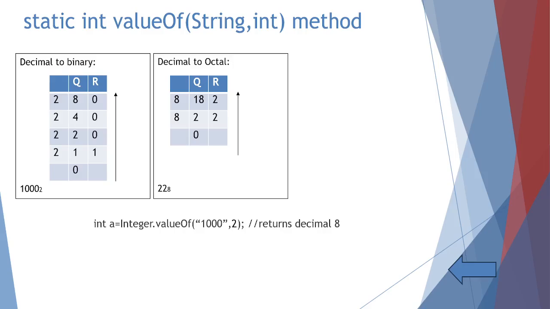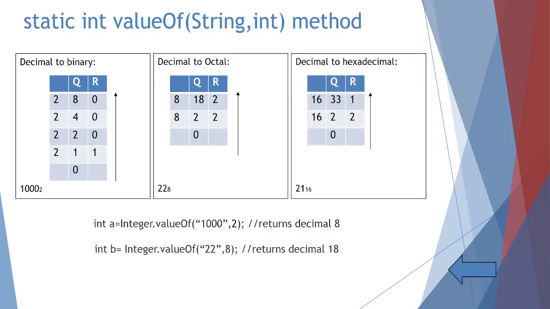We stop. That means we read in reverse: 22 in base 8 belongs to decimal 18. So if we use the method Integer.valueOf("22", 8), that is an octal number, it returns 18.